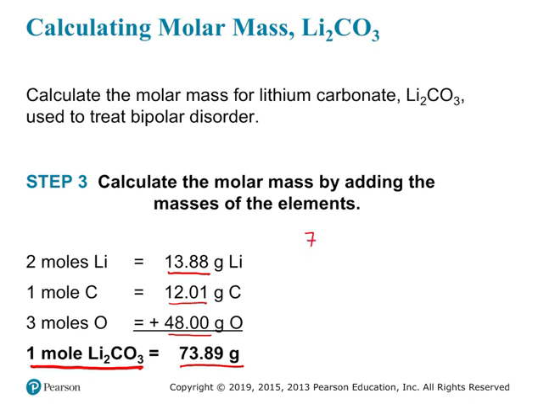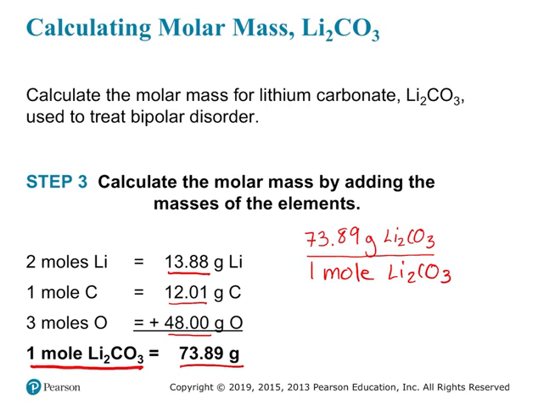Now, what's great about that is we can turn that into a conversion factor. So let's say we were solving some problem where we needed the molar mass of lithium carbonate. We now know that there are 73.89 grams of lithium carbonate for every 1 mole of lithium carbonate.